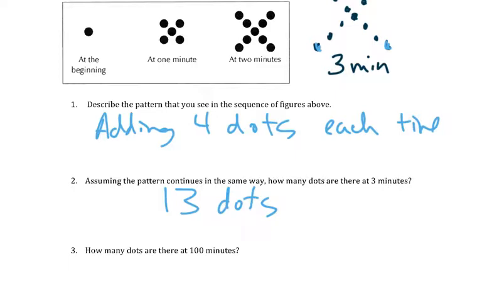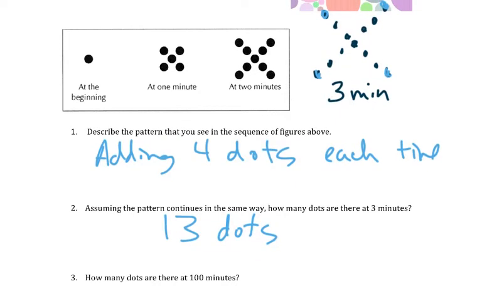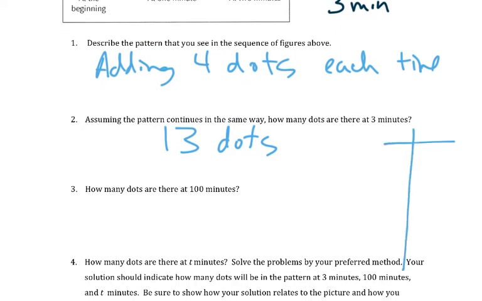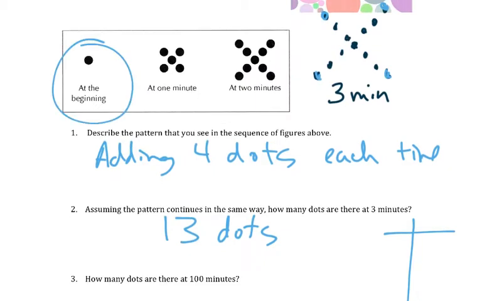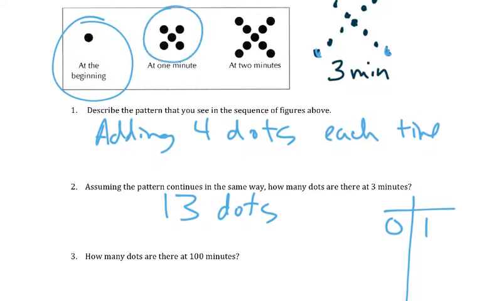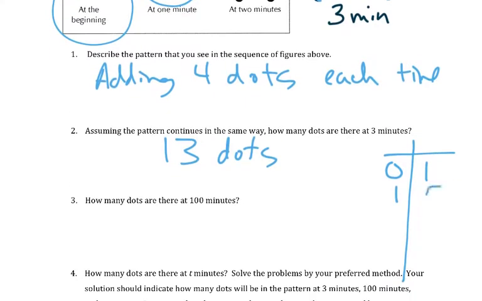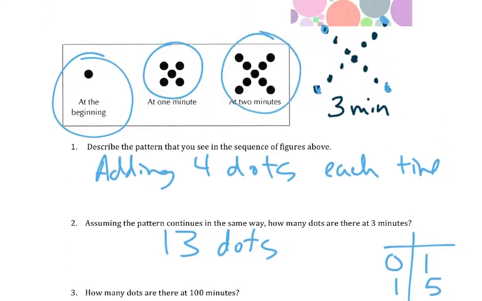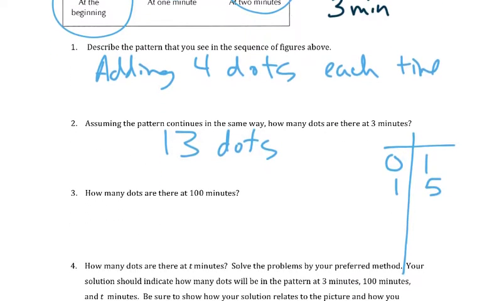Now, how many dots are there at 100 minutes? There are multiple ways we can think through this one, but I like to think through it in table form. At the beginning, before any minutes had passed, we started with 1 dot. At 1 minute, we had 5. At 2 minutes, we then had 9. And then at 3 minutes, we had 13.